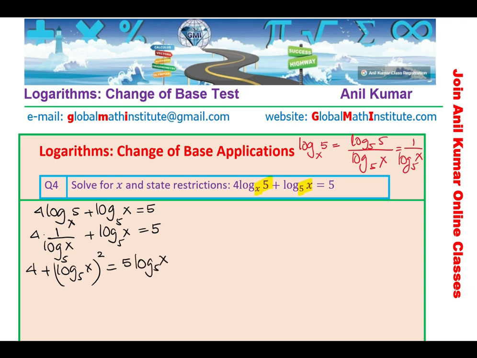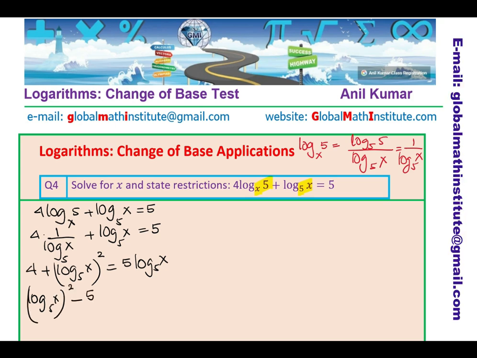Perfect. Bringing them all together, we have a quadratic equation now, which is log to the base 5 of x whole squared minus 5 log to the base 5 of x plus 4 equals 0. Right? Now, you could factor this. 4, as you know, is 4 times 1, and therefore, I can now factor this.